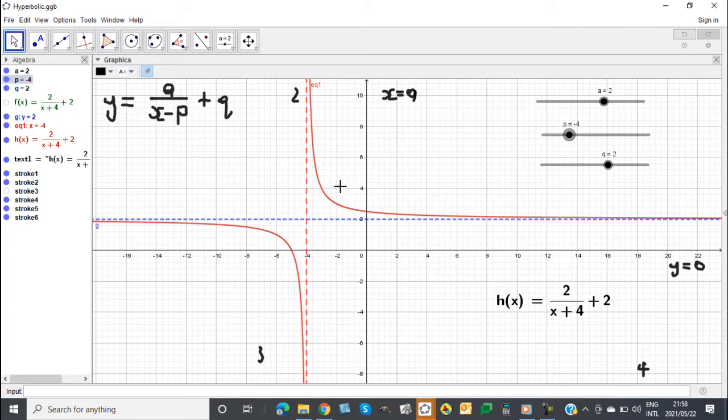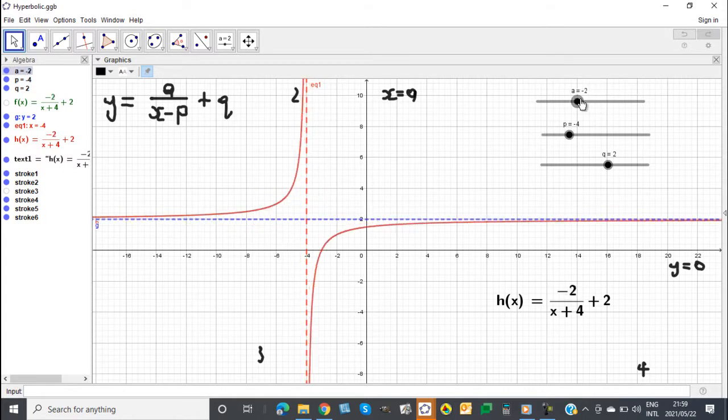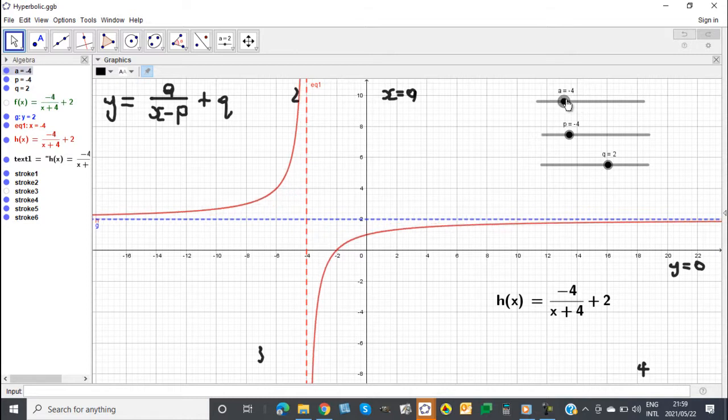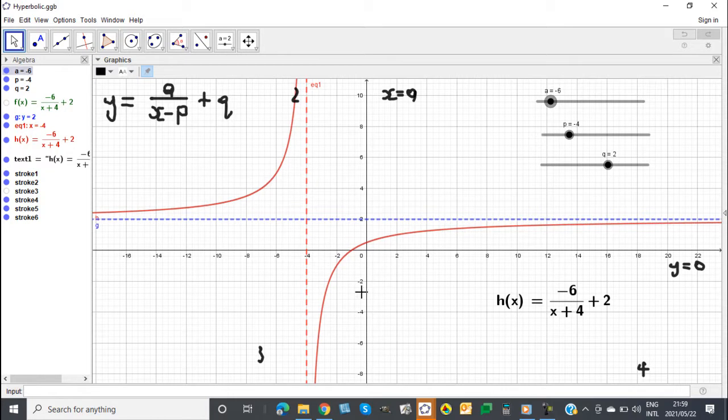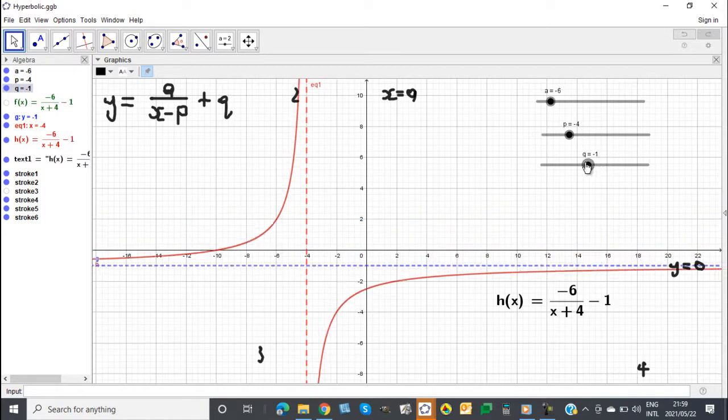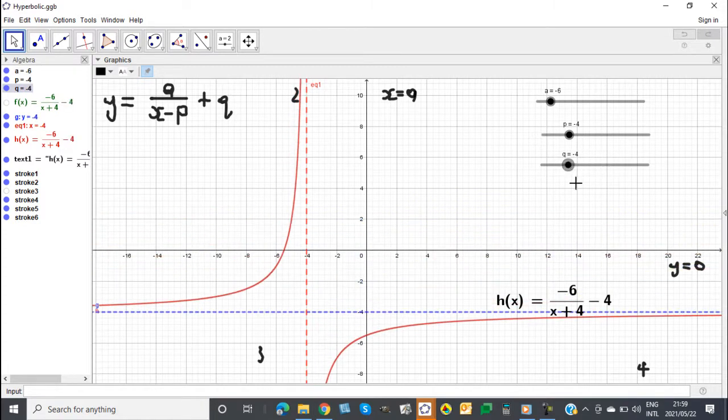In terms of quadrants, your graph is still bounded between the first and the third quadrant. I mean, you can play around with the value of a and make it negative. You see, now it's in the second and the fourth quadrant, the quadrants that are formed by our asymptotes. Okay, and your q can be negative as well. It can be down there.